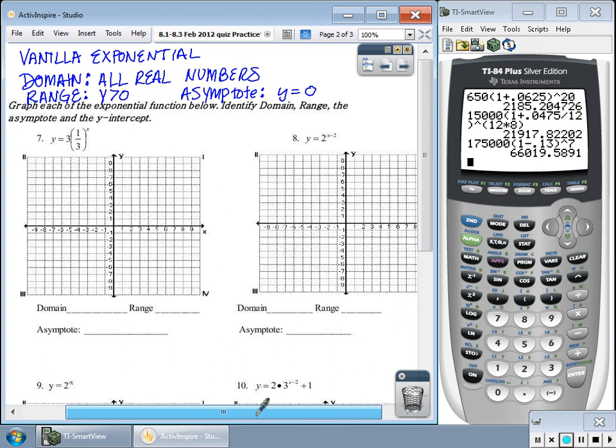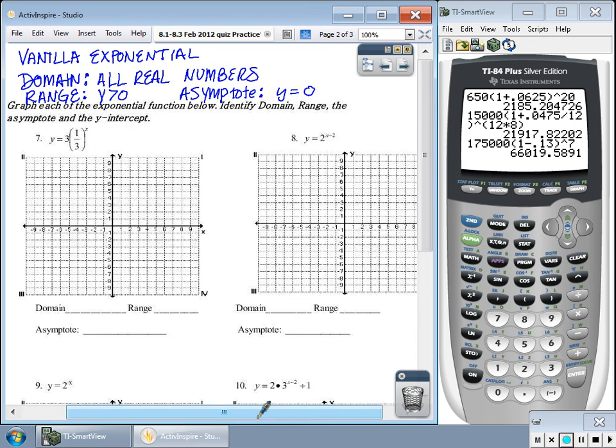Now, we have 4 of these to do, and on each one you're going to have to identify the domain, range, and asymptote. So let's do that part first, and then we'll come back and graph. Immediately, for the domain, in each one of these, remember, if domain is all real numbers, no matter where you shift these graphs, it's still going to include all real numbers.